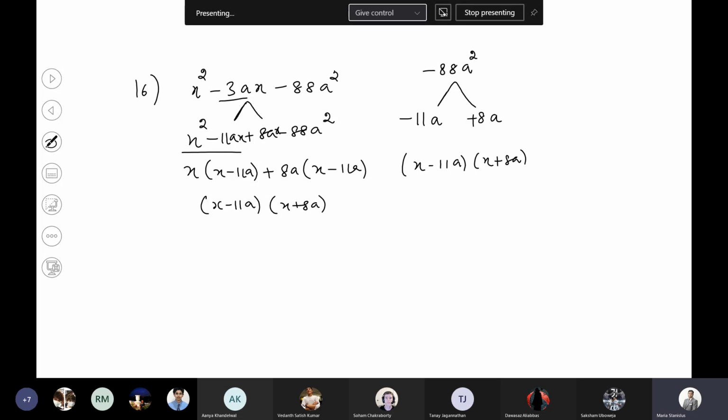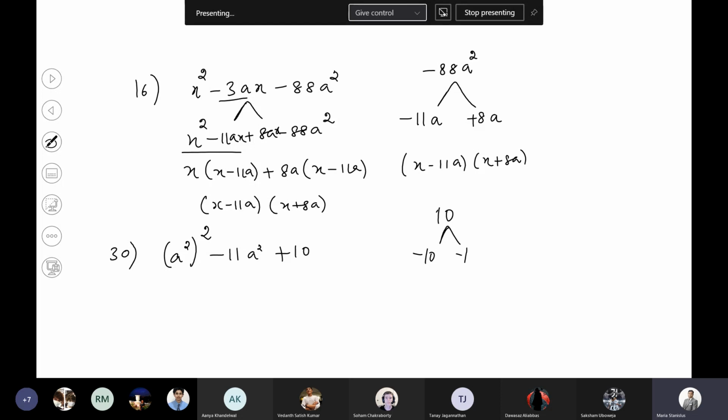Yeah, 30th one. Look at the 30th question. If you read the question, you'll understand clearly. A power 4 minus 11a square plus 10. I am taking a square of a square so that it gets into x square form, so we need to consider x as a square. Let's take this first. The product is 10, so it will be minus 10 and minus 1. When you add, you get minus 11.